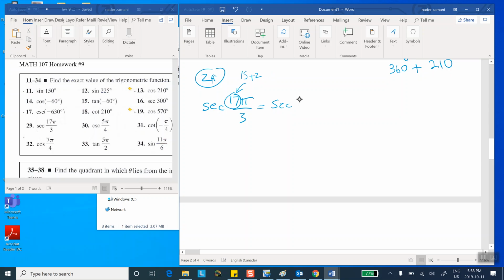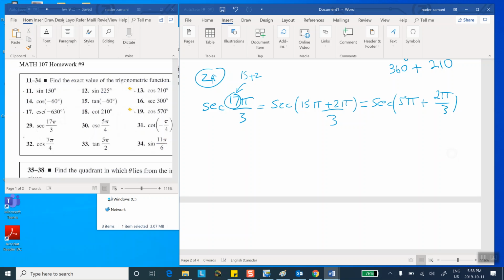So it's secant of 15 pi plus 2 pi over 3, which is secant of 5 pi plus 2 pi over 3. Now, I would like to write secant as 1 over cosine of 5 pi plus 2 pi over 3.